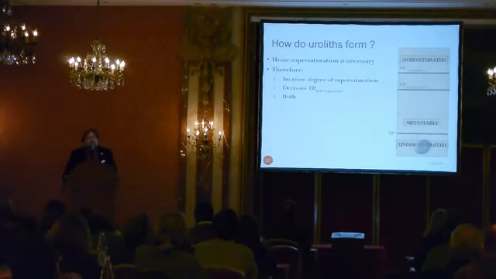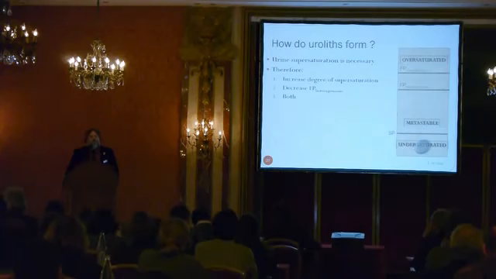So how do stones form? After all of this, how do stones form? In simplest terms, one of two things happen. First, if the urine is in a state of undersaturation, below the solubility product, new crystals, new stones will not develop.